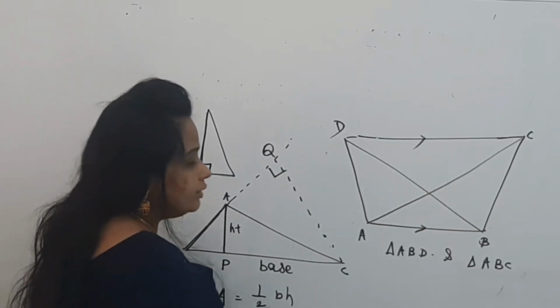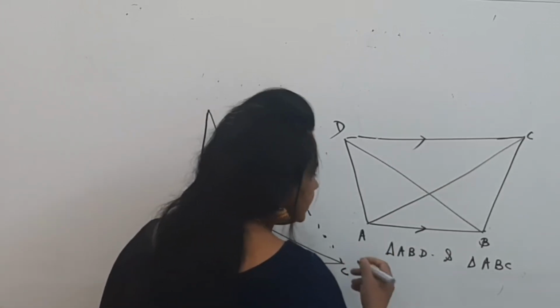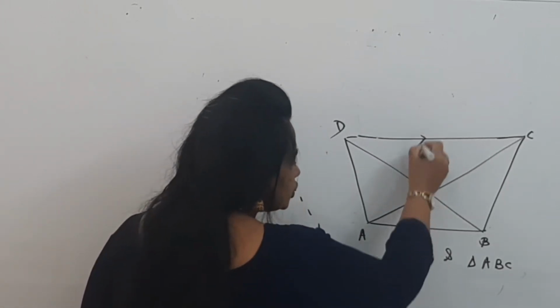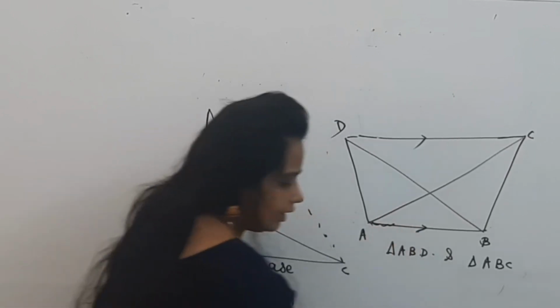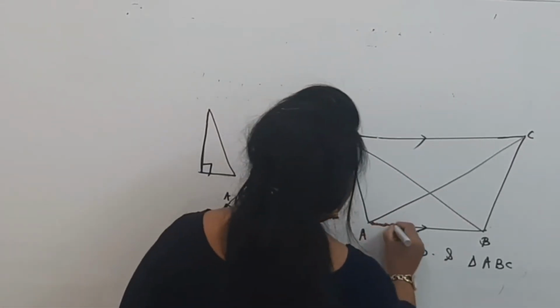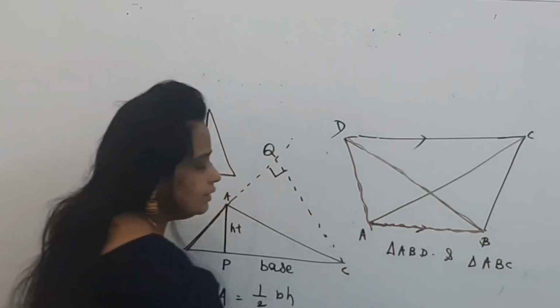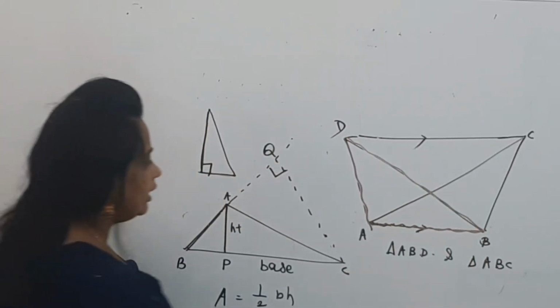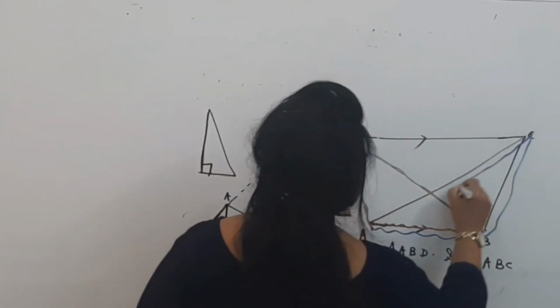But this was a 9th standard chapter, now deleted. You can see here, these two are the parallel lines, and the two triangles are triangle ABD and triangle ABC.